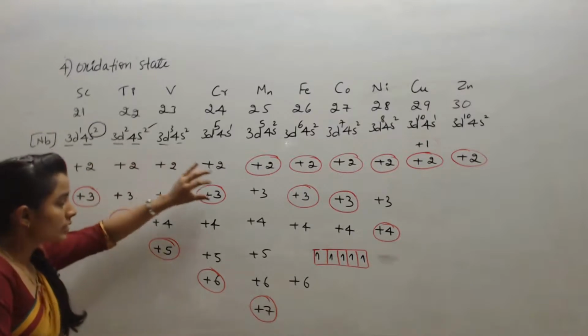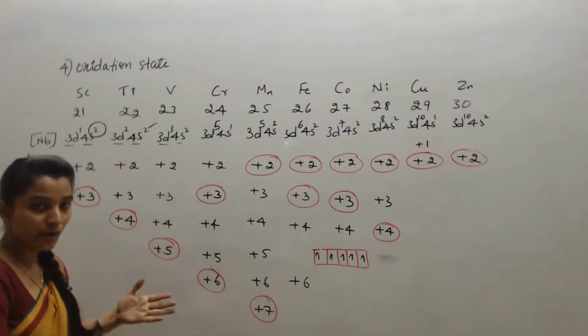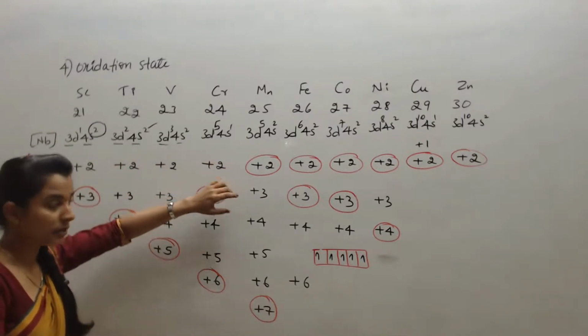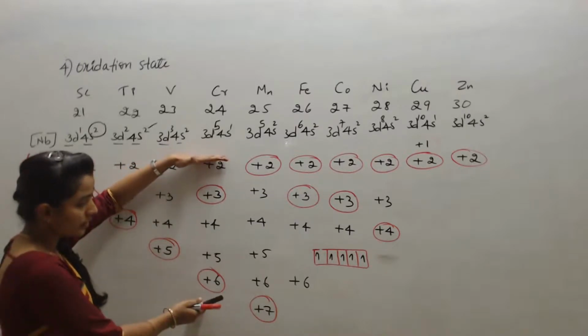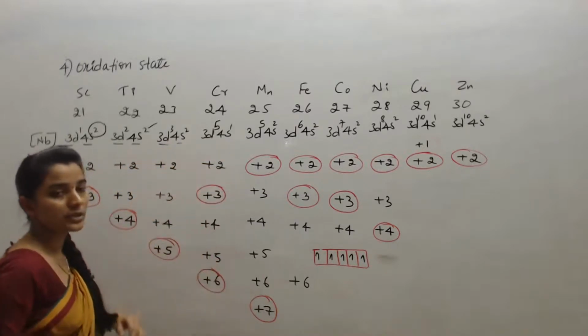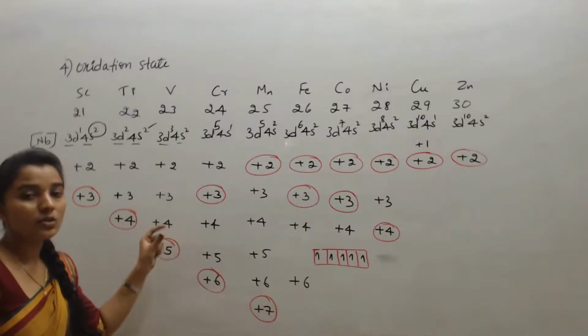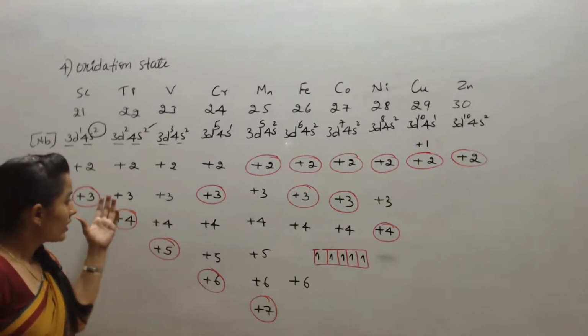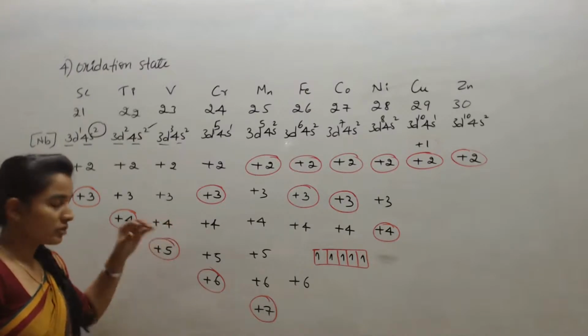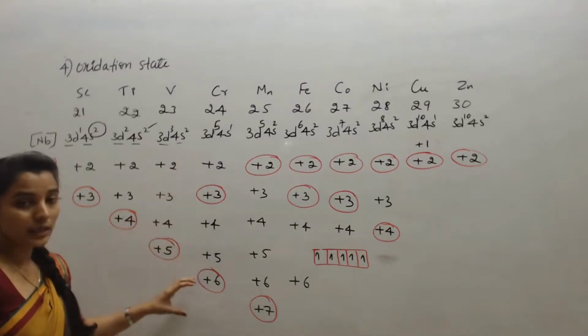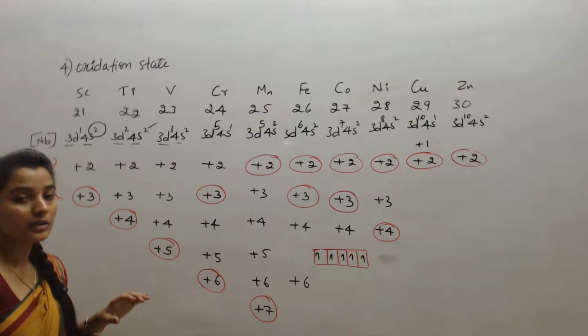In the lower oxidation states, the oxides formed are basic in nature. In between the lower and higher oxidation states, the oxides show properties between basic and acidic, that means amphoteric nature.